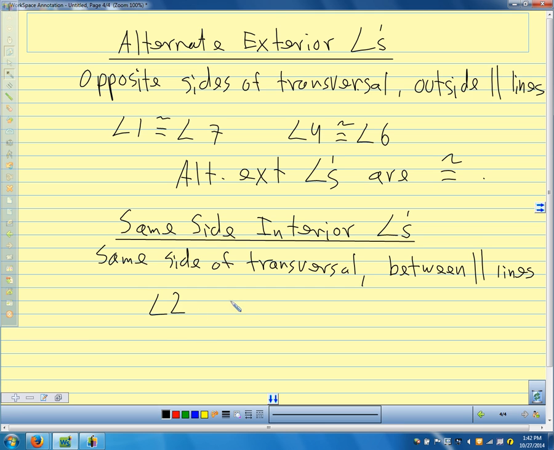Angle 2 and angle 5, and then same side of the transversal. So go to the opposite side of the transversal. Which ones are on that side of the transversal? Angle 3 and angle 8. And the other way you see this written is same side or consecutive interior.